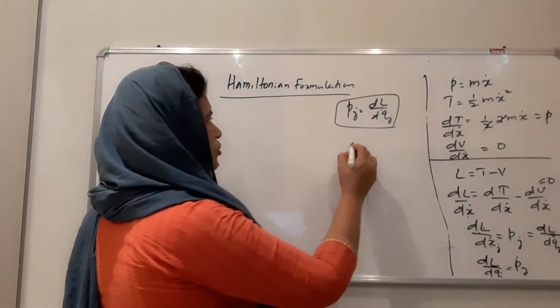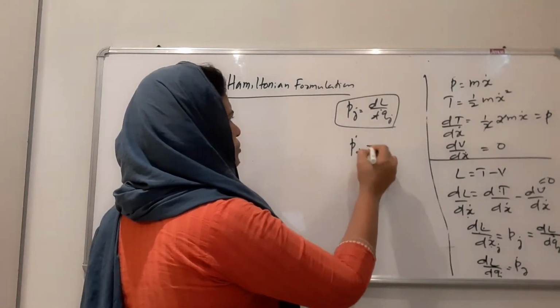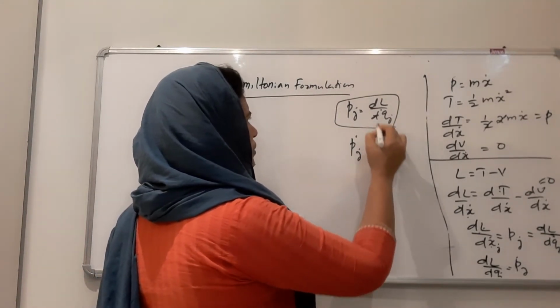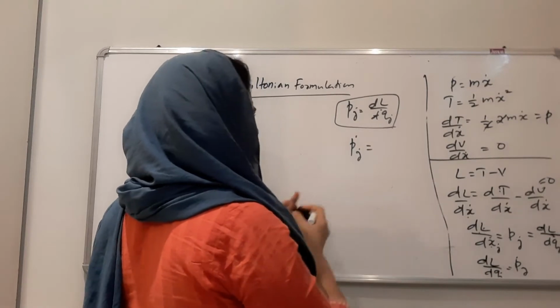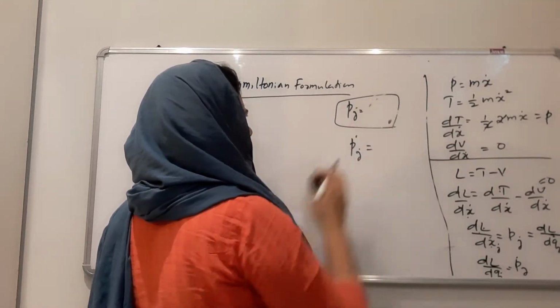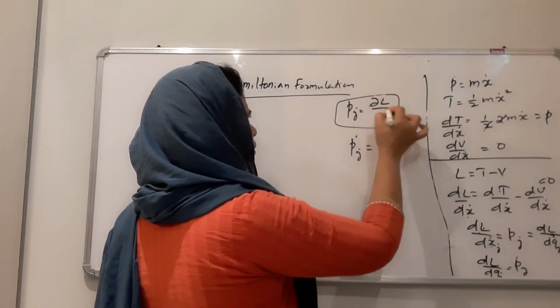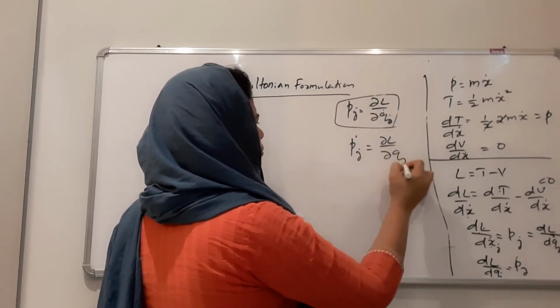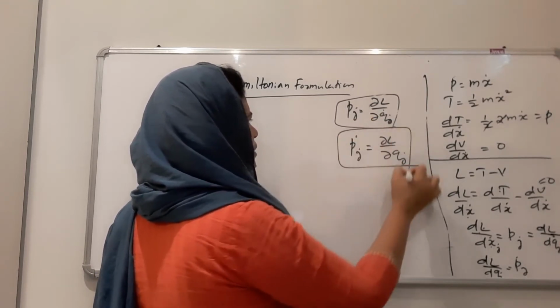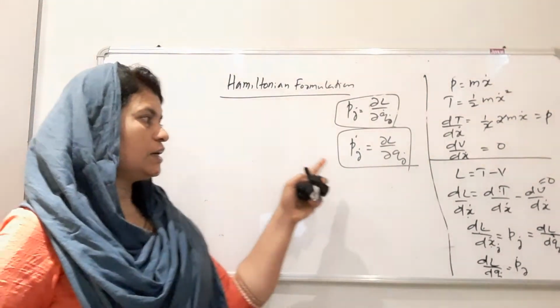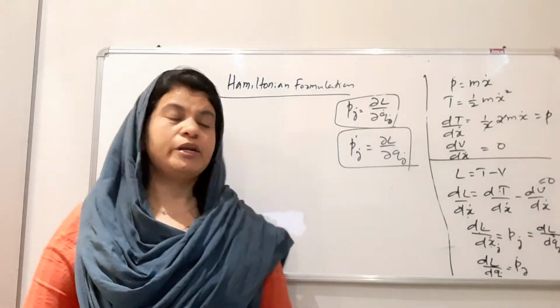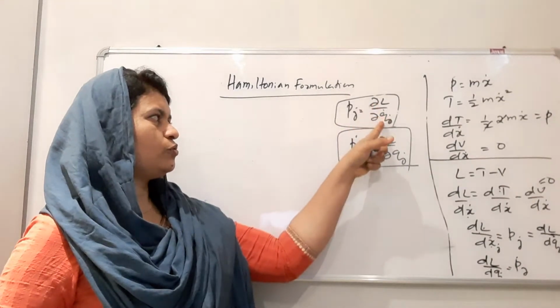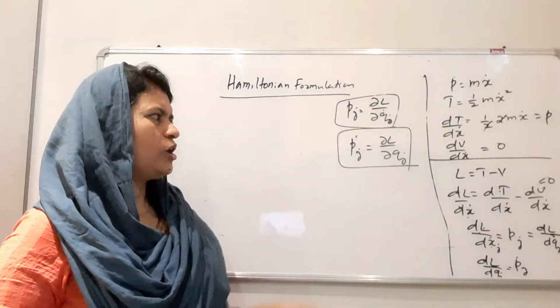Therefore, another equation is pj dot is equal to the partial derivative of L with respect to qj. These are the two equations related to generalized momentum. pj is equal to dou L by dou qj dot. pj dot is equal to dou L by dou qj.